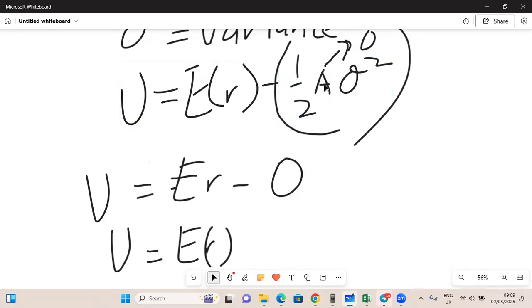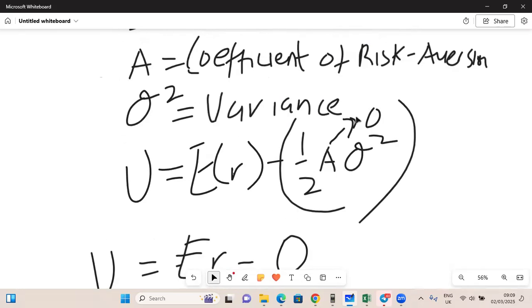Become positive. So when A, which is already negative, is multiplying this whole equation in here, right? If A becomes negative, and 1 over 2 times that negative should give us a negative in this bracket. Now when the negative multiplies what is in the bracket, you'll get positive. So you see the expected return is going to add whatever we are going to get here, right?